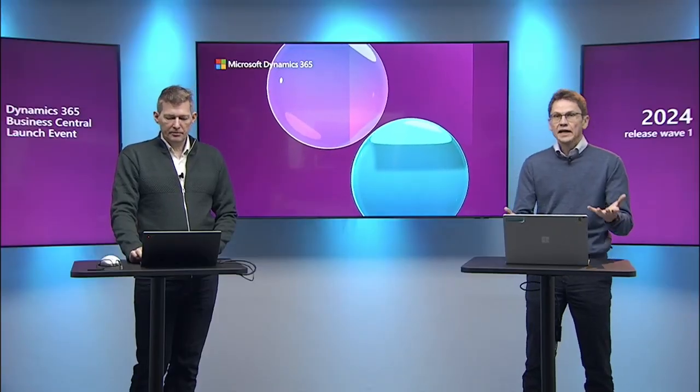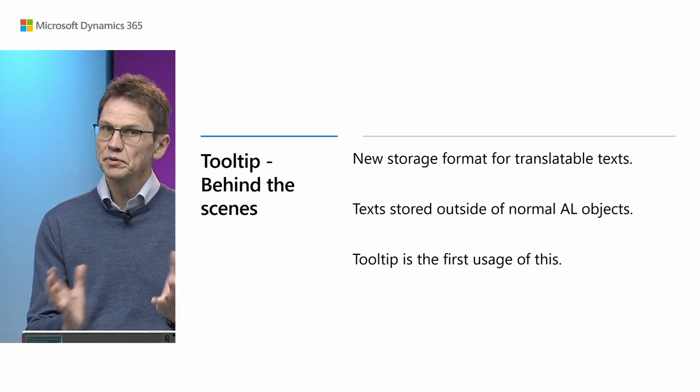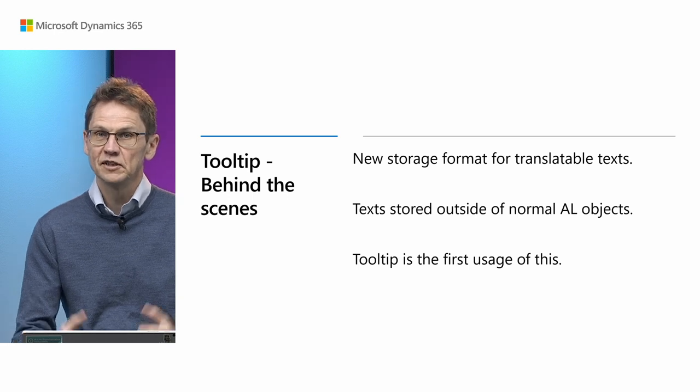Yeah, and actually with tooltips, it also gave us a need to rethink how we store texts in the system. Because tooltips can be relatively large, and we don't really want to store them together with the objects, just like we do for captions. So here you'll get a small glimpse of what's happening behind the scenes.